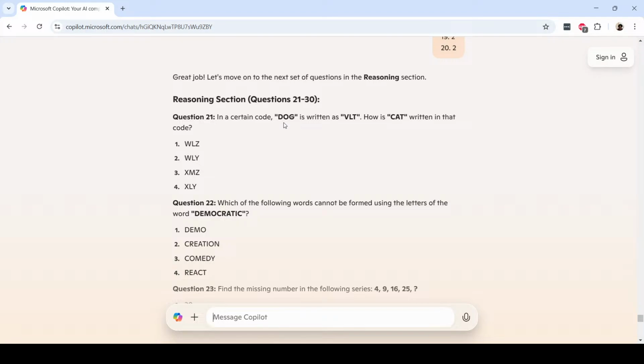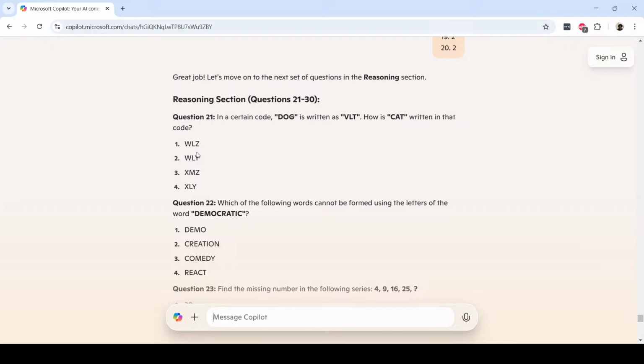So let's say D is V and it's circular and we are moving backwards. If D is coming as V, then for C it will be U, but that's not an option. For D, if it is V, then for C it should be W. Yes, W is there, right?